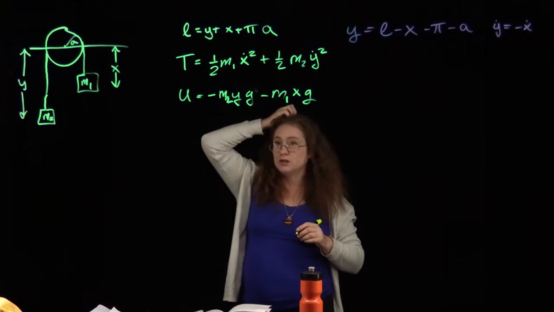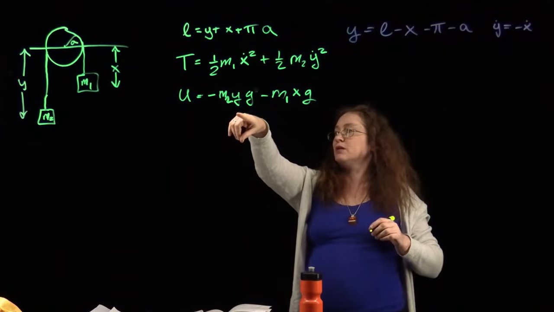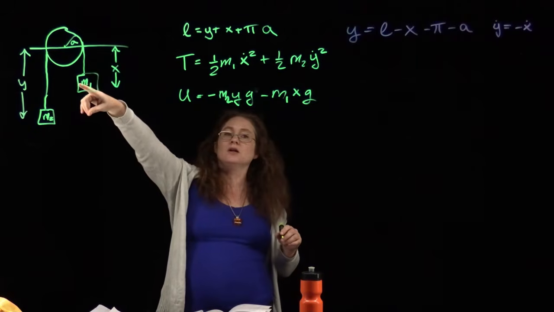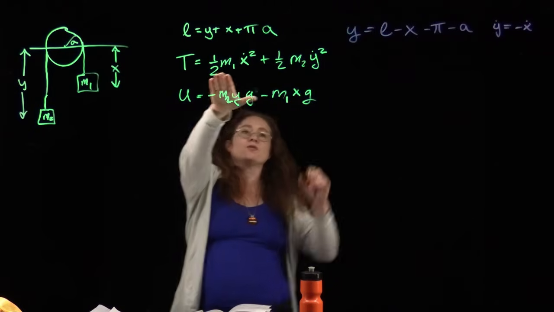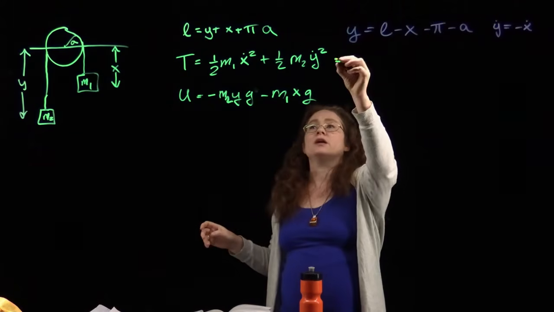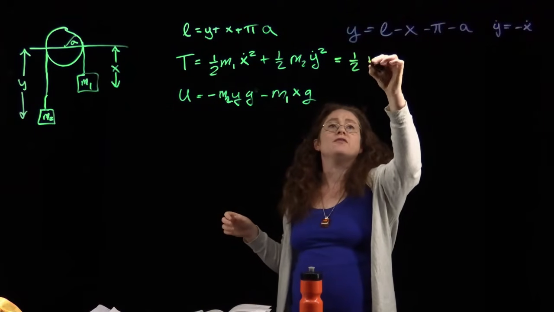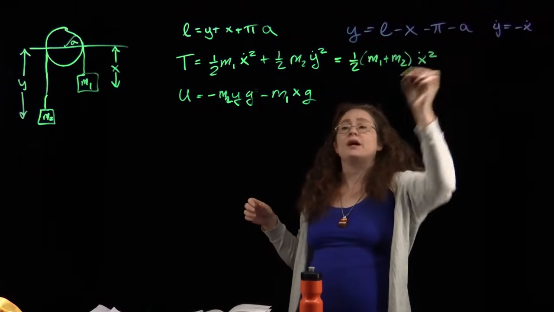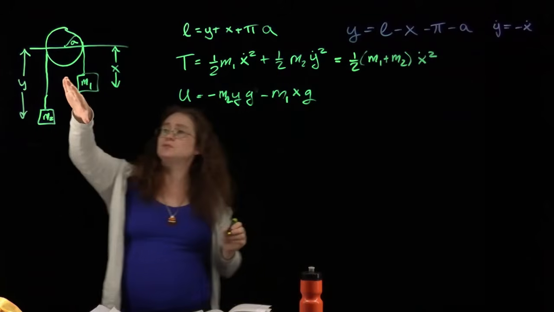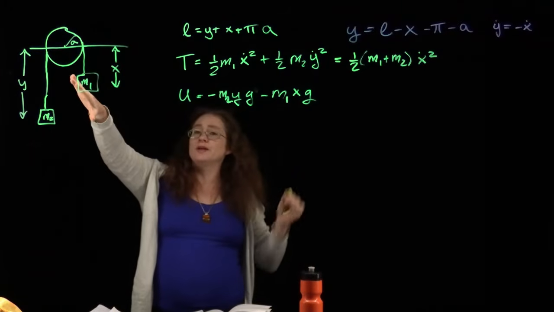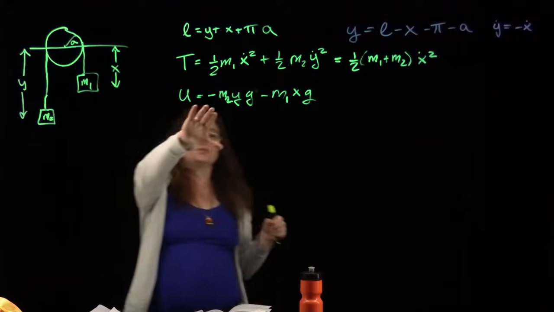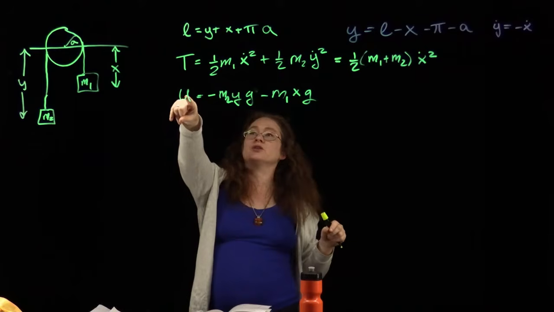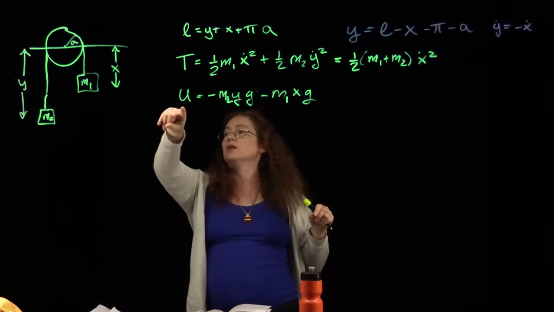Okay, so for this part, it's easy. Our kinetic energy is 1/2 (m1 plus m2) x dot squared. When we're plugging this in, the potential energy doesn't quite substitute as neatly.